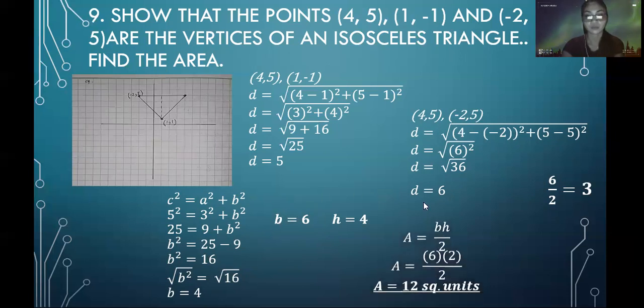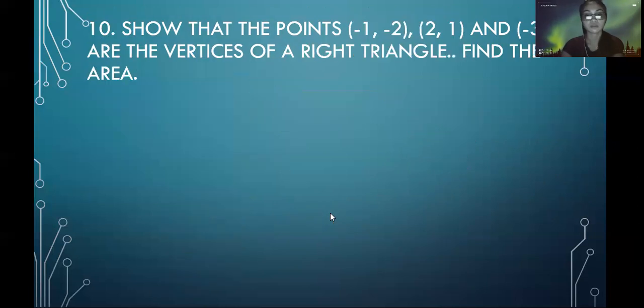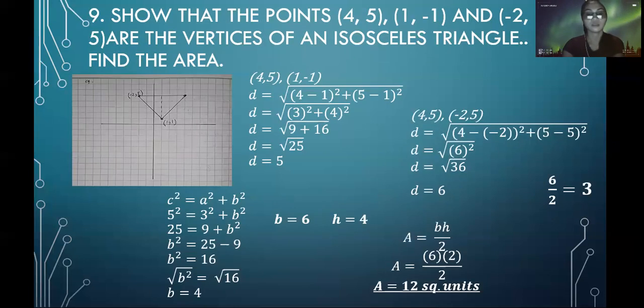So now we gather the value of b and the h, and for the final step, we are now able to use the area formula to find the area of an isosceles triangle.